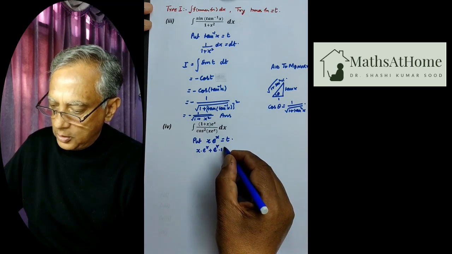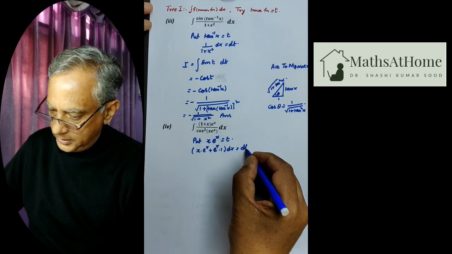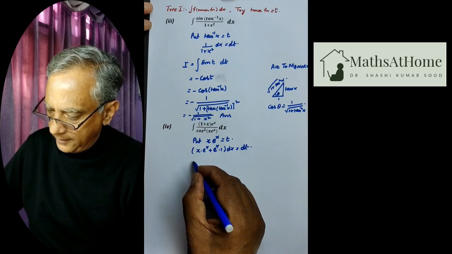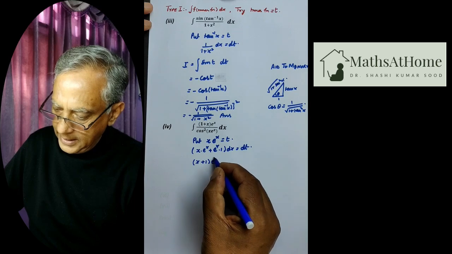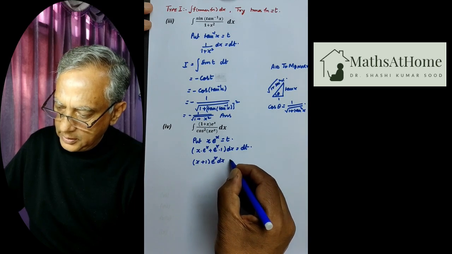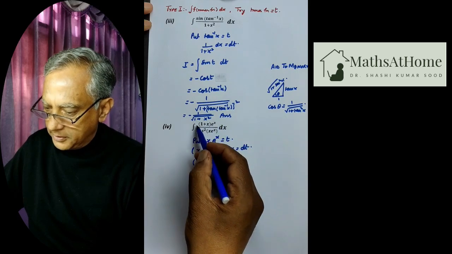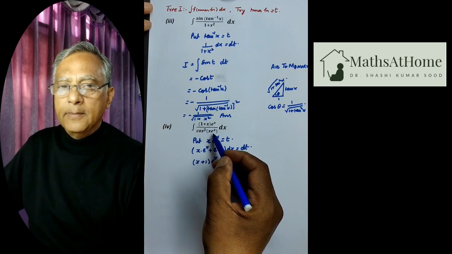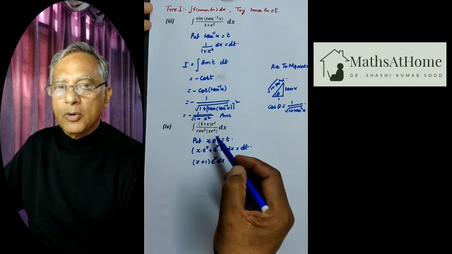This into dx is equal to dt. This can be written as e^x is common, so we will have x plus 1 into e^x dx is equal to dt. So this will go in simplification, and we will have 1 over cos square t, that is secant square t. So this is changing into a simple question.